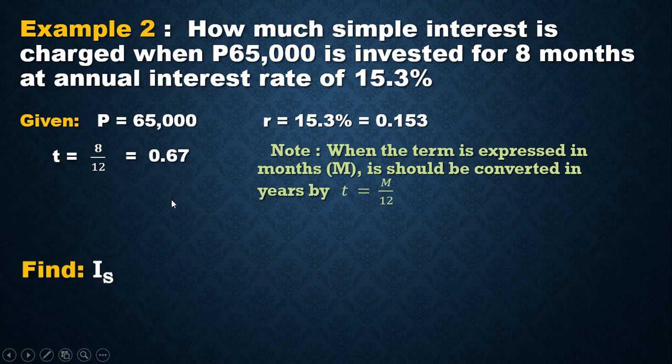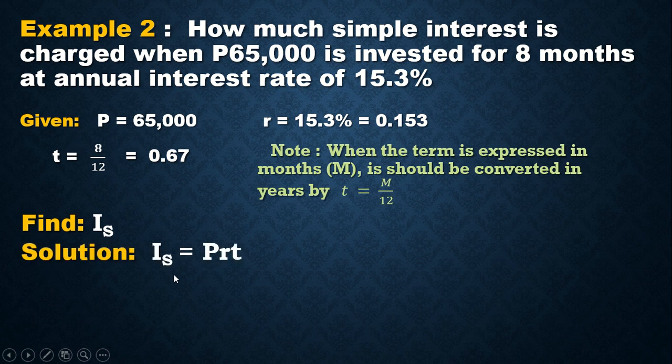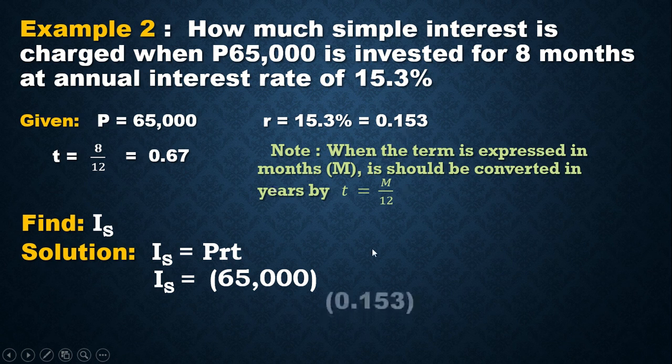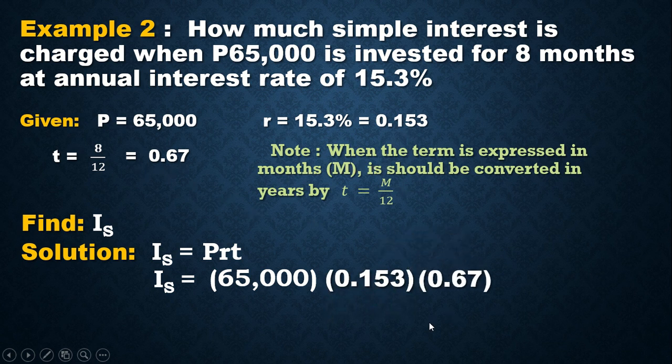Let's proceed to the computation. We have to find for the simple interest. Solution. Simple interest is equal to PRT, or the principal times the rate times the time. Simple interest is equal to, palitan natin tong P, or the principal, which is 65,000. And then the rate, which is 0.153. And then the term, or time, which is 0.67.